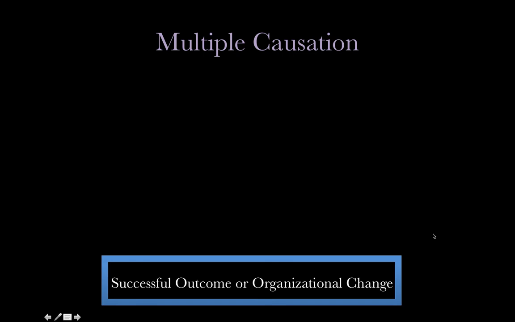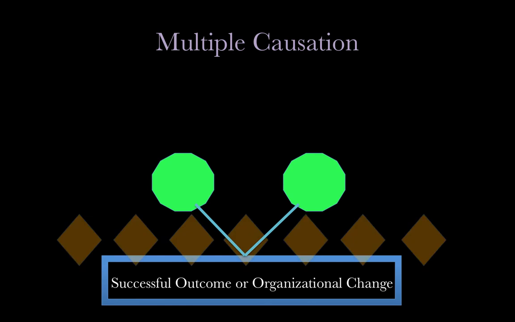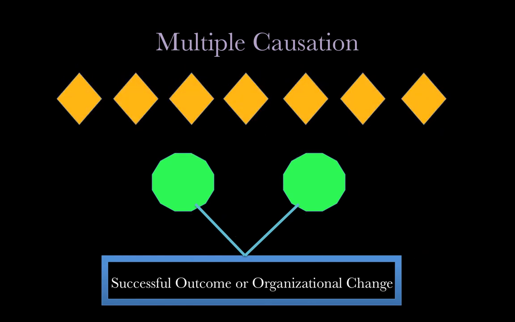Let's assume that maybe there are two key things that have really contributed to this organizational change. Or taking it one step further, let's assume that there are two key groups that have really worked together to help have this successful outcome. Now, we acknowledge that these groups have done great things, but really it's not just those groups or teams that facilitated this change, right? There were multiple variables behind the scenes.